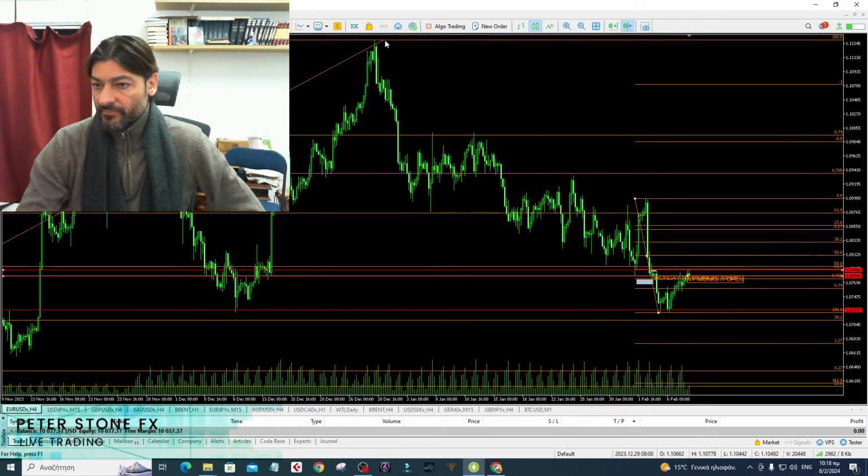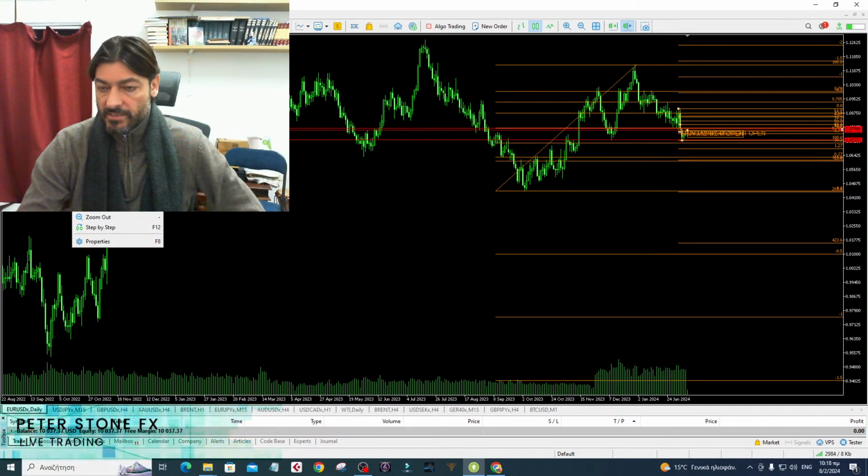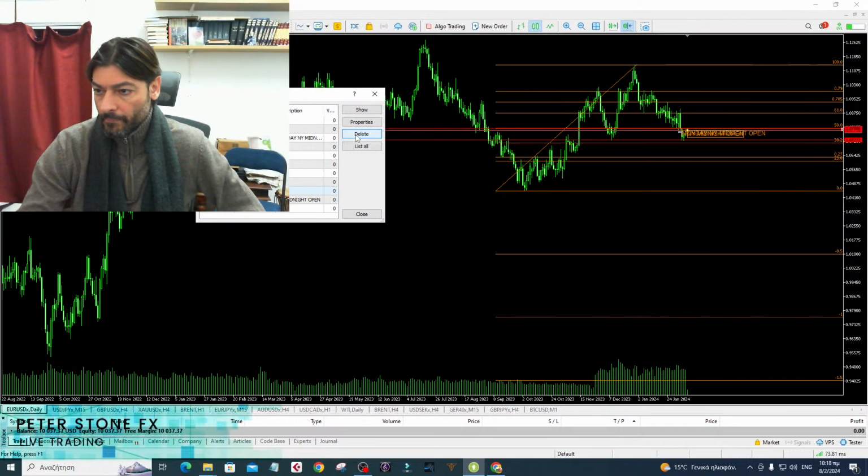So I have some Fibonacci here in this area. The greater Fibonacci tool suggests that we are almost at 50%. Let's see that.